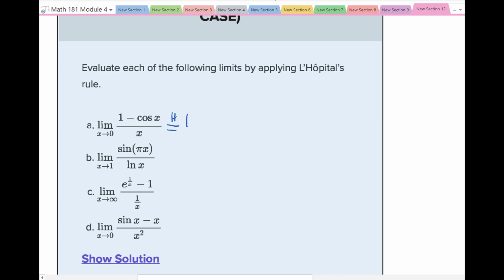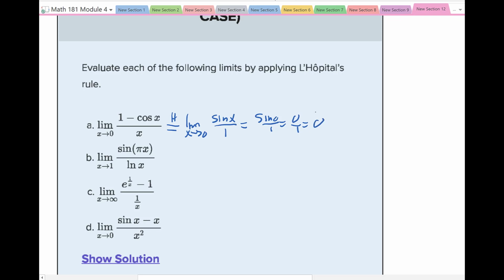In this next step, I'm applying L'Hopital's rule. Limit as x approaches 0. The derivative of 1 is 0. The derivative of cosine is negative sine, so we'll end up with a positive sine of x, because it's a minus cosine, over 1. Now if we plug in the 0, we end up with sine of 0 over 1, which is 0 over 1, which is 0.